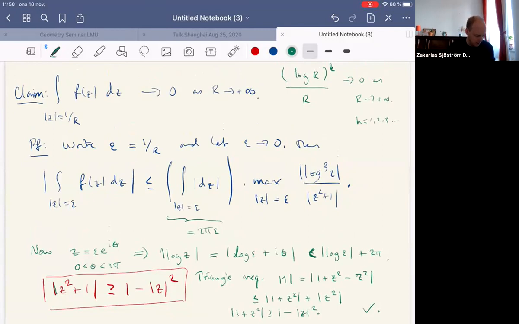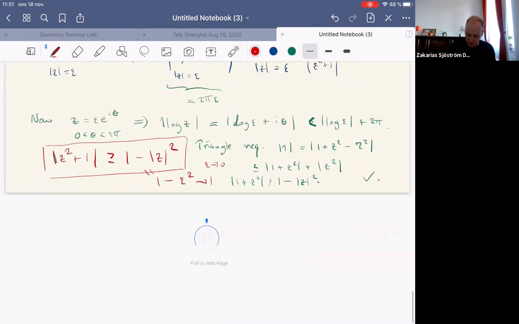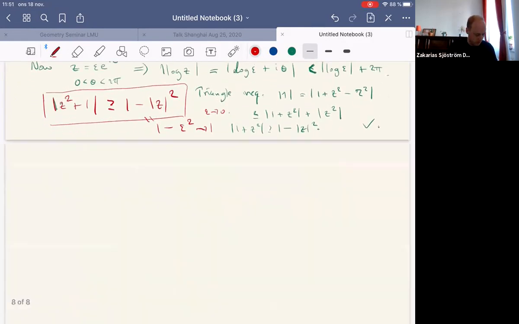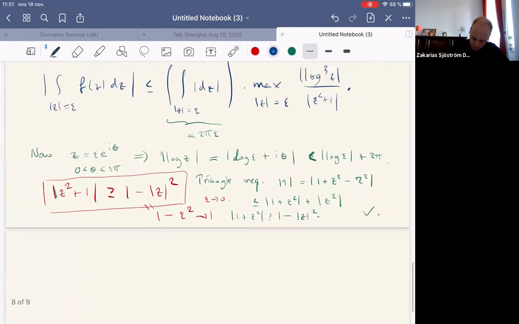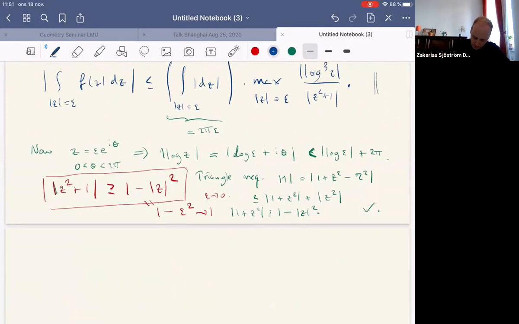And so using both these things, and noting that this is then equal to 1 minus epsilon squared, because epsilon was the absolute value of z, and this goes to 1 as epsilon goes to 0. Then we see finally the following. So we wanted to look at this thing up here.